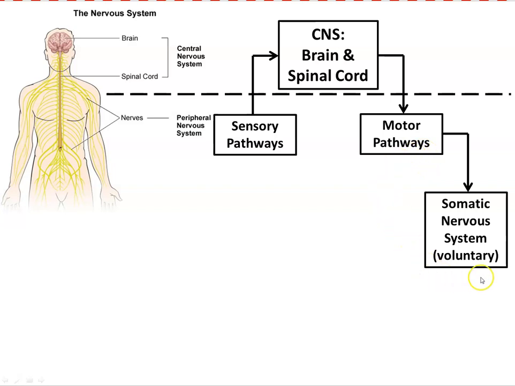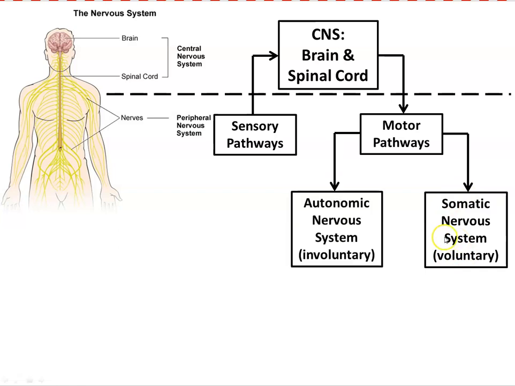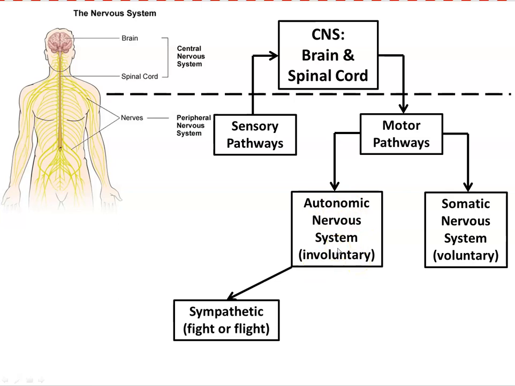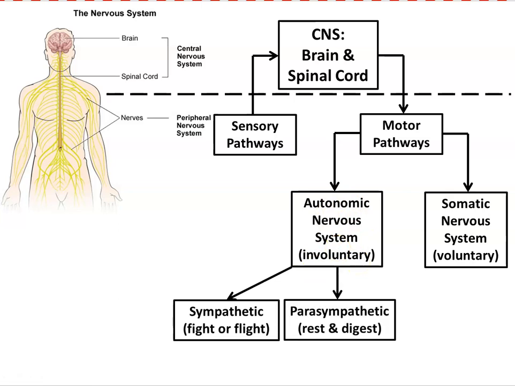So I can have effectors that are voluntary. My skeletal muscle is a voluntary effector. It can allow me to pull my hand away or get out of the outside, which is 107 degrees. Or I can turn on my involuntary system, my autonomic nervous system, which is made out of sympathetic cells and parasympathetic cells, deciding if I should sleep, if I should rest, if I should kick up digestion because I've already eaten.